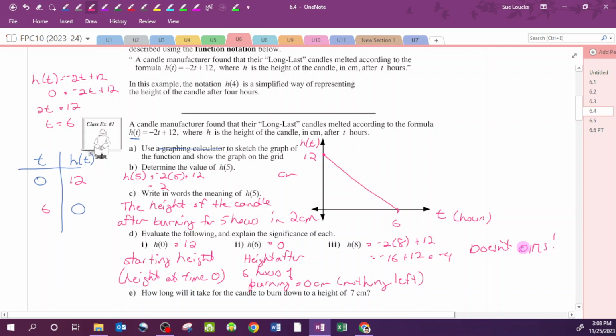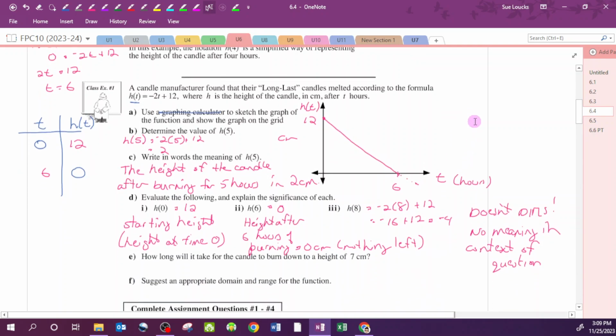That doesn't make sense. It has no meaning in the context of the question, because our candle can't burn down to negative heights. That doesn't mean anything. Okay, so it doesn't have any meaning.